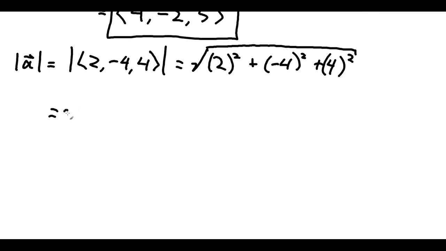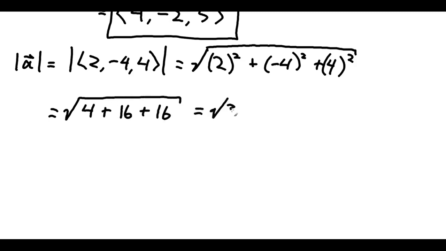And that is the square root of 2 squared is 4, -4 squared is 16, +4 squared is 16, 32, 36. Oh, that's convenient. We have the square root of 36, and that equals 6. So it turns out that that particular vector a that we started with happens to have a magnitude of 6.